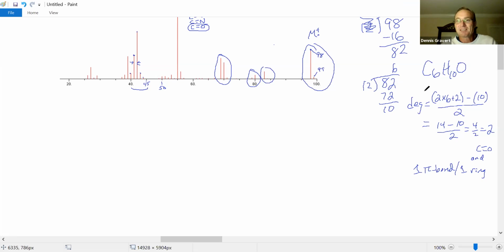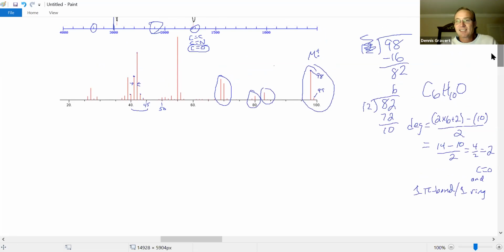So what's my formula? It's C6H10. So don't forget the C double bond O, and then 5 more carbons in a ring. Make that an aldehyde. There's one structure. That's got 5 and 6 carbons, an O, and 2 degrees.